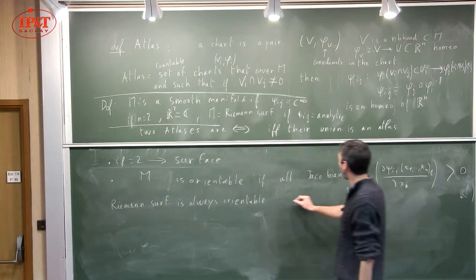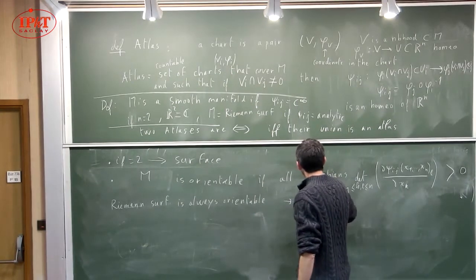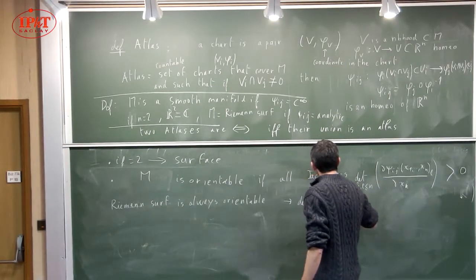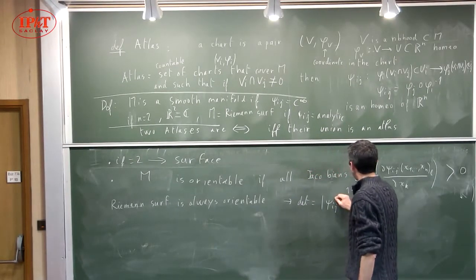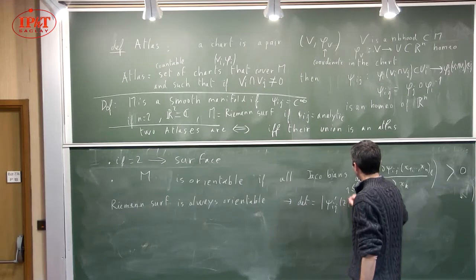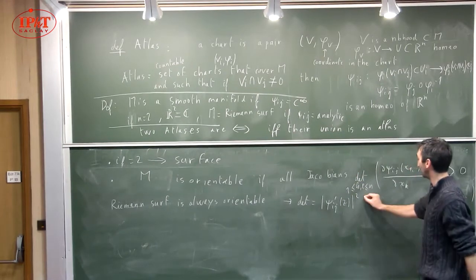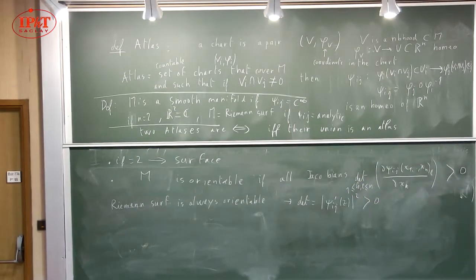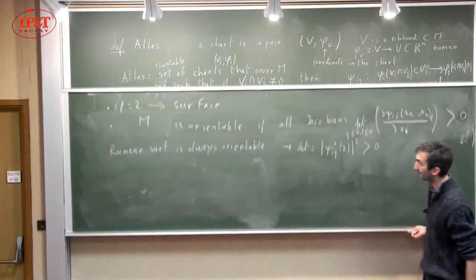So in that case, this determinant will be the modulus of psi ij prime of z squared, which is always positive. I'll let you do this computation. So every Riemann surface is orientable.